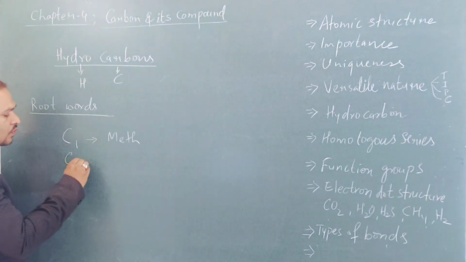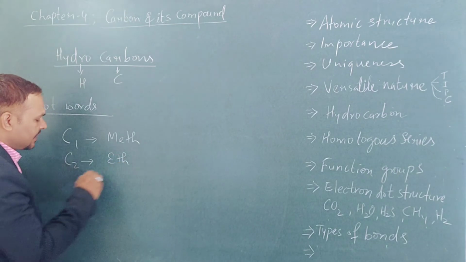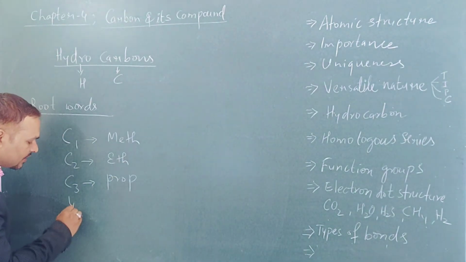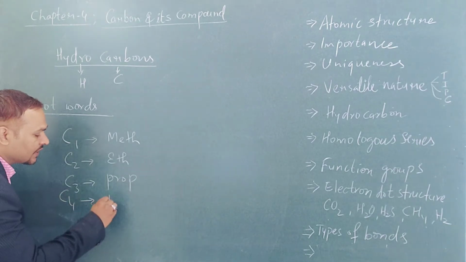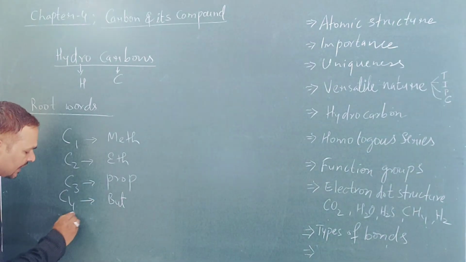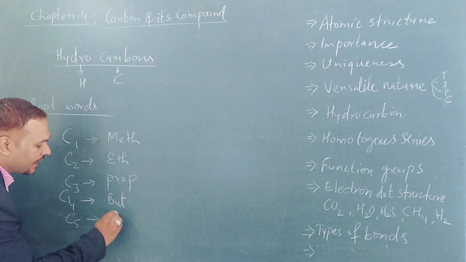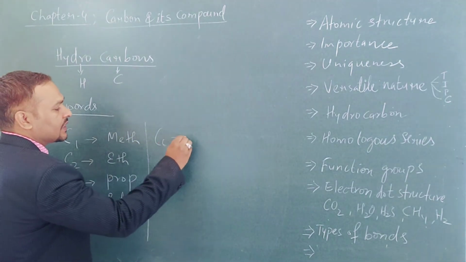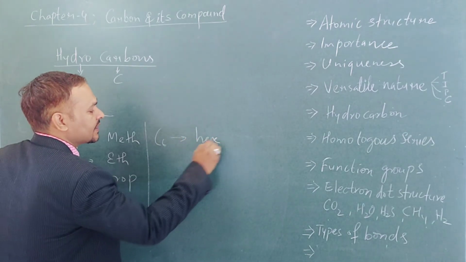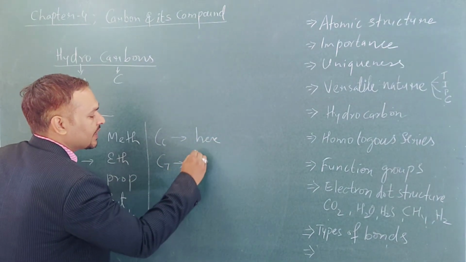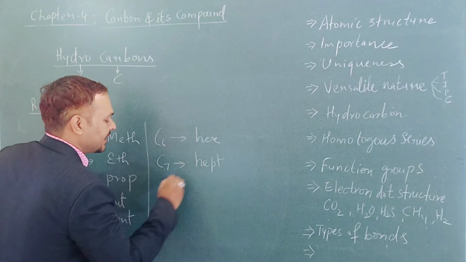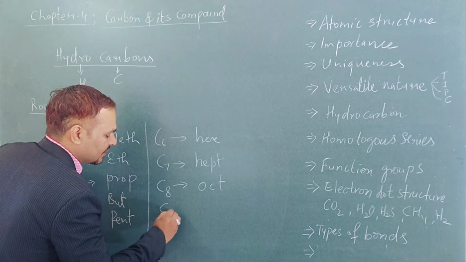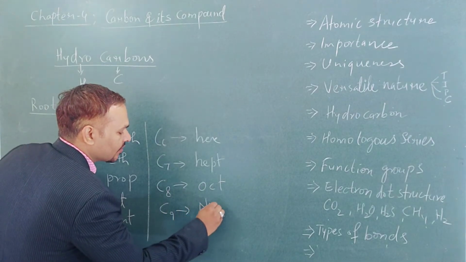If 2 carbon, then eth. 3 carbon, then prop. 4 carbon, then you can write but. 5 carbon, then you will write pent. 6 carbon, then you will write hex. 7 carbon, then you will write hept. 8 carbon, then you will write oct. 9 carbon, then you will write non.